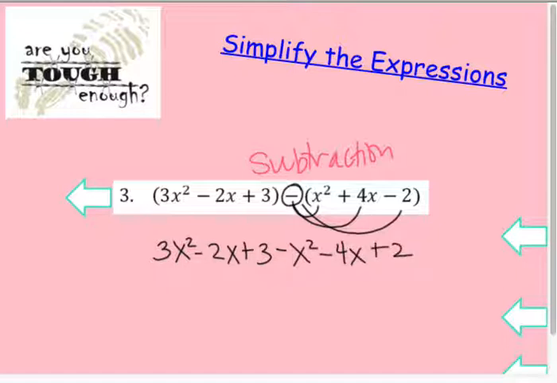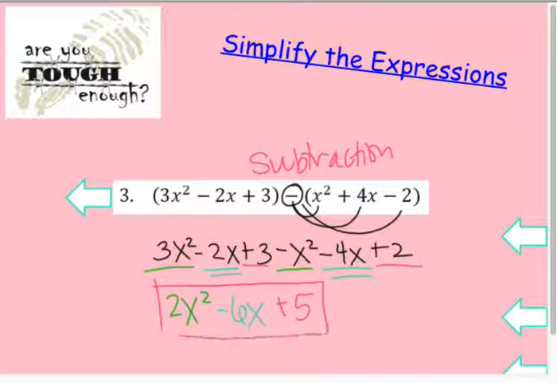Now all you need to do is combine like terms. 3x squared, negative x squared, so I get 2x squared. Now I have negative 2x and negative 4x, so negative 6x. And then lastly, I have 3 plus 2, so plus 5. So 2x squared minus 6x plus 5. That is what you get when you subtract the two polynomials from example 3.